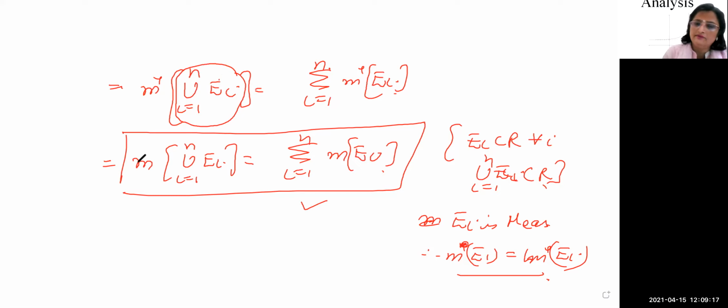Then we took the test set A equal to R. R is a universal set; its intersection gives the smallest set. Here we have the union, here we have Ei, and in the last we have the outer measure. The outer measure is equal to the Lebesgue measure because these sets are measurable. So that's all about this property.